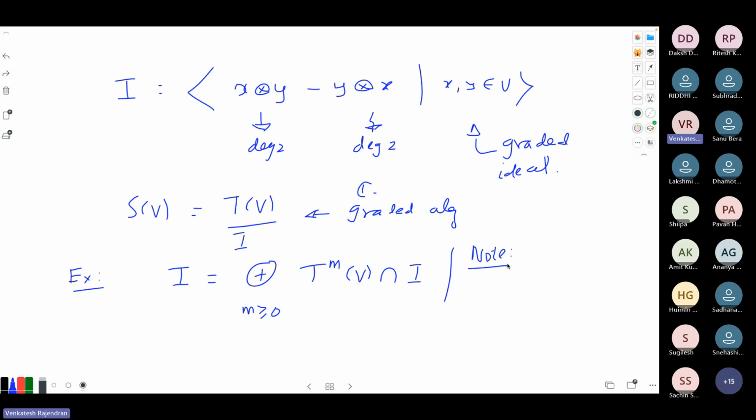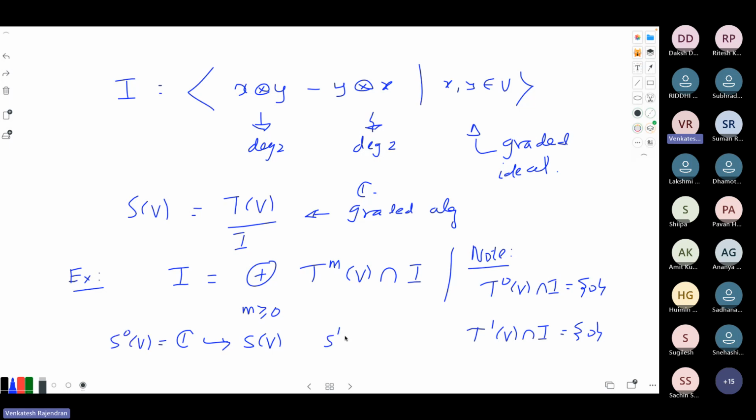If you take a two-sided ideal generated by that, all the homogeneous parts of the elements in I should have at least degree 2. So in particular T^0(V) intersection I should be trivial, and T^1(V) intersection I also will be trivial. So you can see that C sits inside S(V), identified with S^0(V), and similarly S^1(V) can be identified with V.